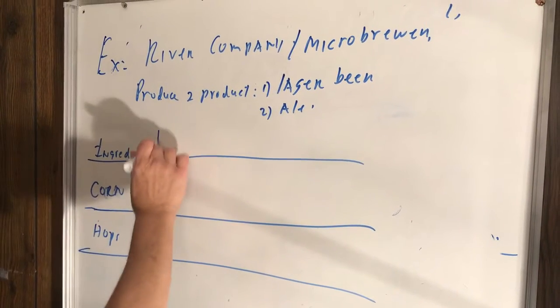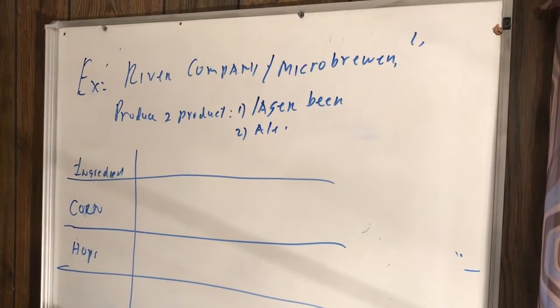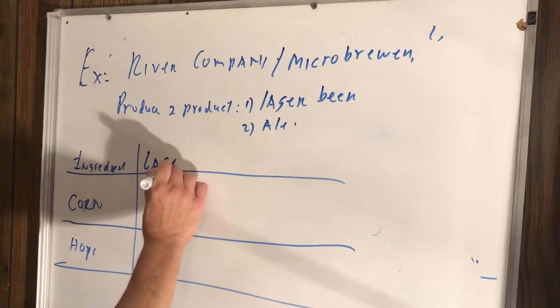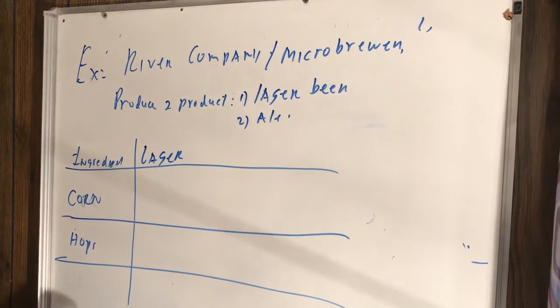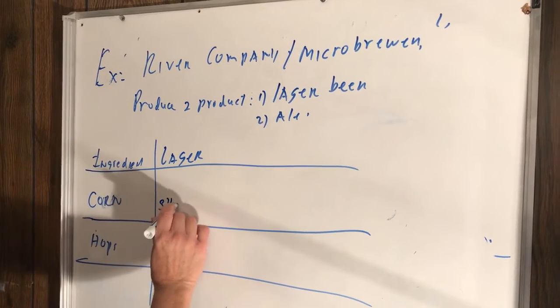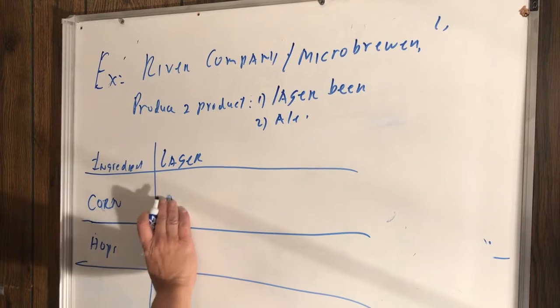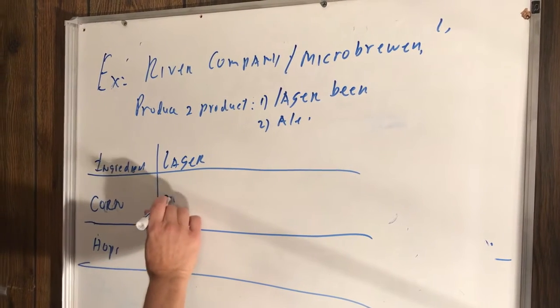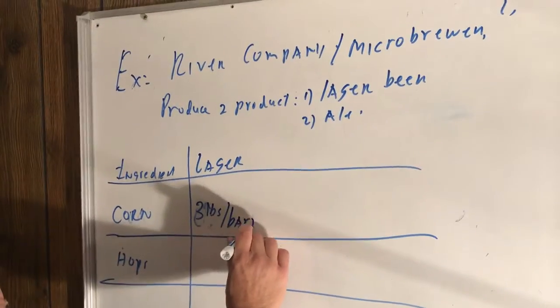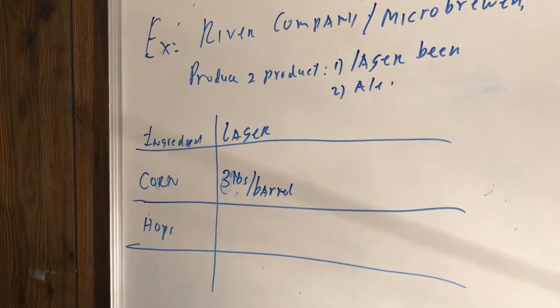Okay. And in the lager, it says you need 3 pounds of corn per barrel of lager. So we're making this in barrels.